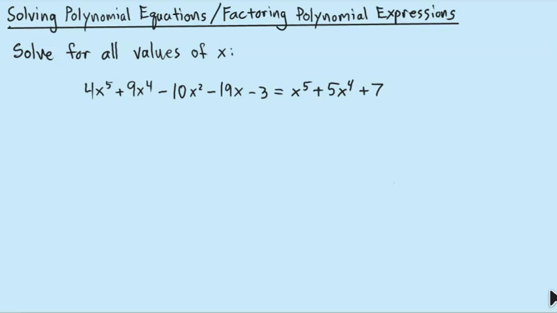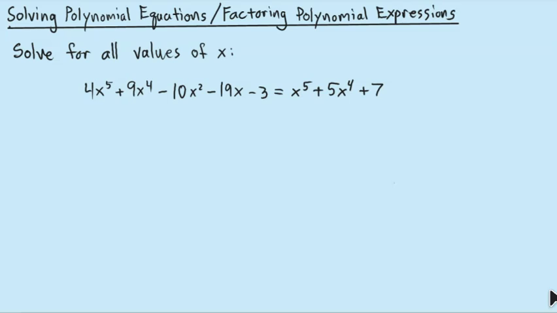And we have this polynomial equation. One side is a fifth power polynomial. The other side is also a fifth power polynomial. And so there could be up to 5 solutions. Now, there could be fewer than 5 solutions as well. Okay, and that's what we're going to go through in this process.